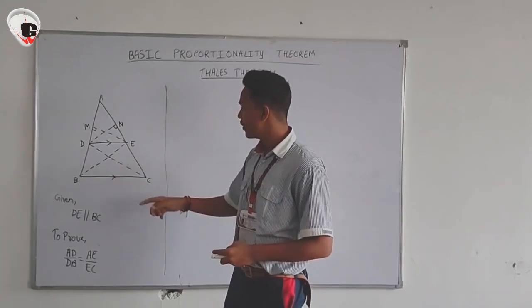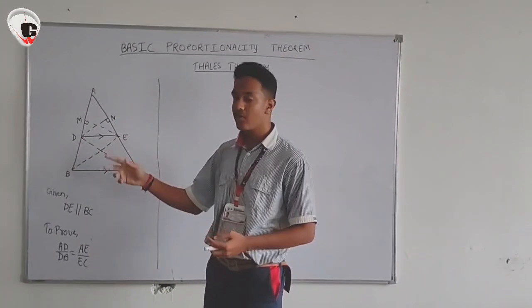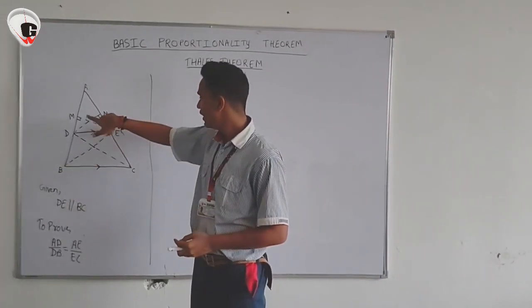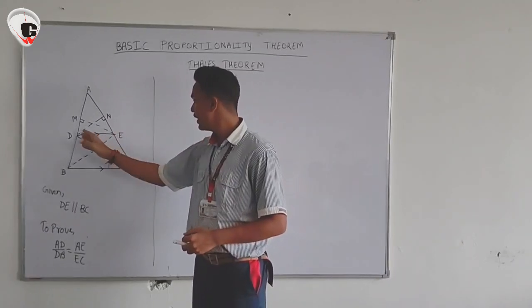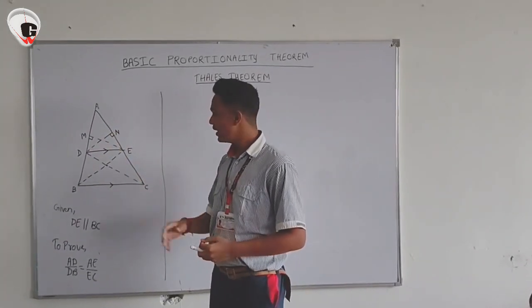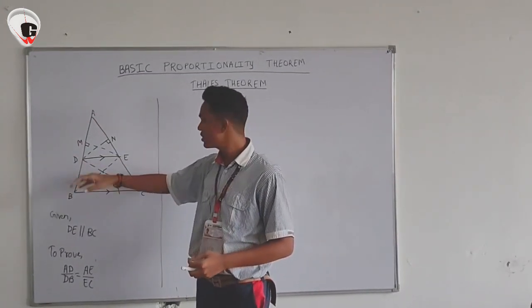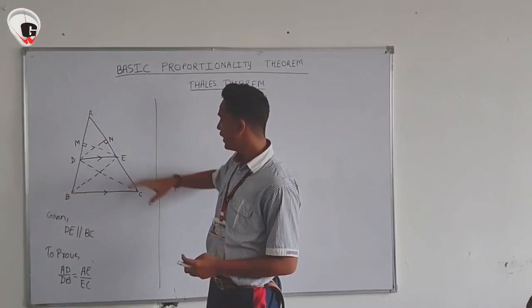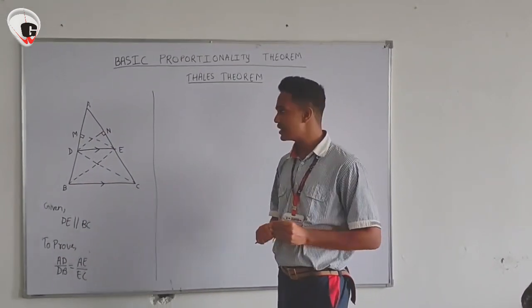And if I make equations for triangle DBE, in this equation I will have DB and EM. And for the equation of area of triangle EDC, I will have EC and DN. And later I can equate these to get the relation between AD, DB and AE, EC. So with this mindset, let us start to prove this theorem.